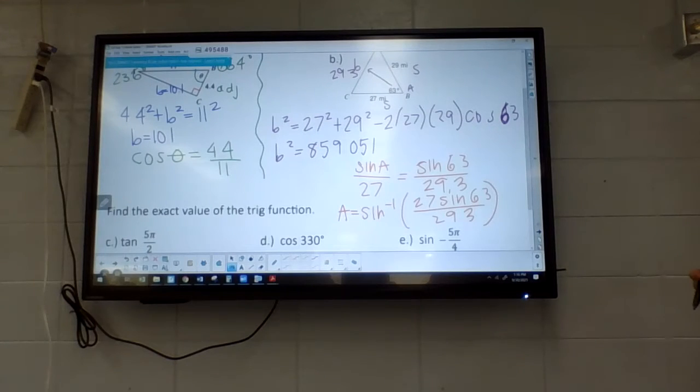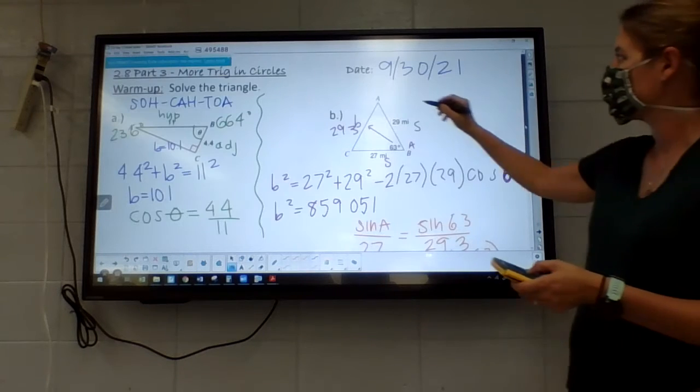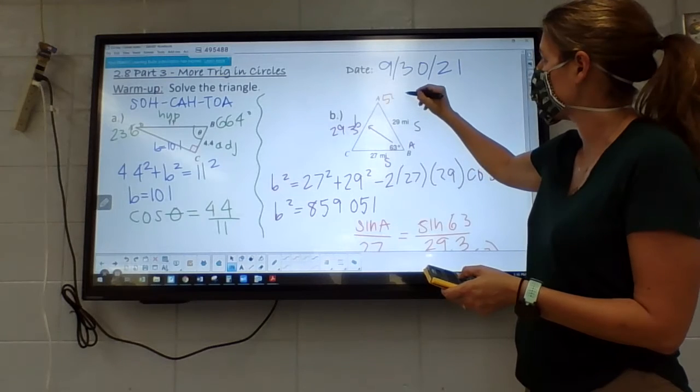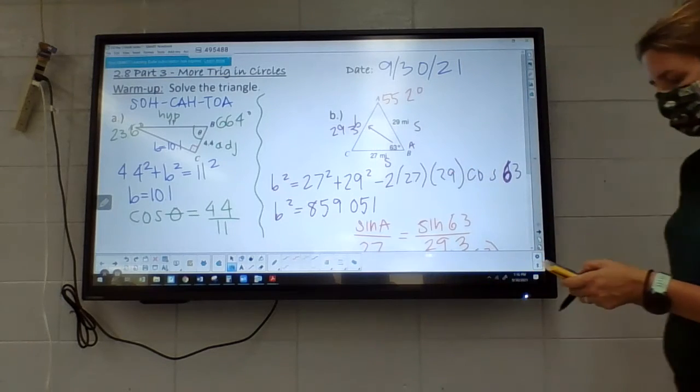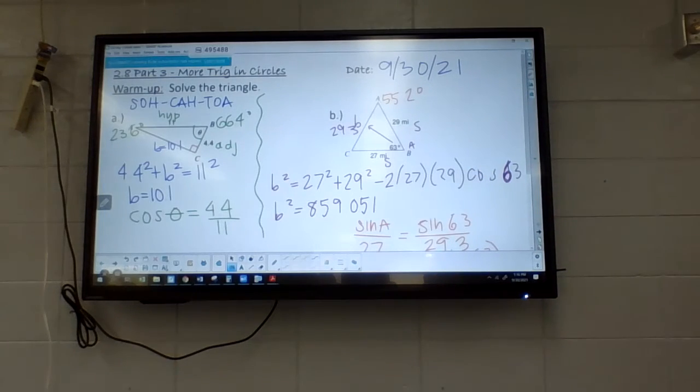And I got about 55.2 for angle A. And then once I know that, I can find the third angle because they add up to 180.